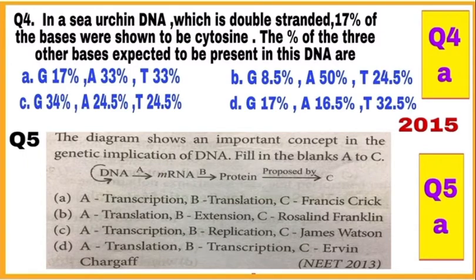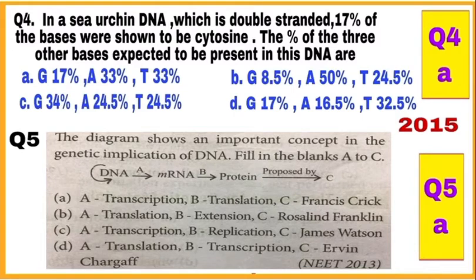Question number 4. In a sea urchin DNA, which is double-stranded, 17% of the bases were shown to be cytosine. The percentage of the other 3 bases expected to be present in this DNA are, according to Chargaff's rule, amount of adenine is equal to thymine and amount of guanine is equal to cytosine in DNA. यहाँ cytosine 17% है, तो guanine will also be 17% and rest 66% में से 33% adenine होगा and 33% thymine होगा.